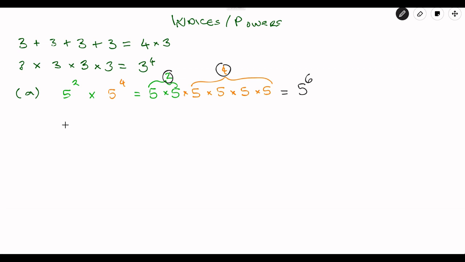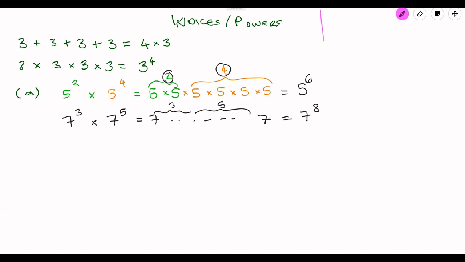What you realize is if you have 7 cubed, for instance, so you've got 7 times 7 times 7, so 7 written out 3 times, and let's say 7 then written out 5 times, so 7's all together, you're going to have 3 7's plus 5 7's, which is 7 to the 8. So let's just generalize this as a rule up here.